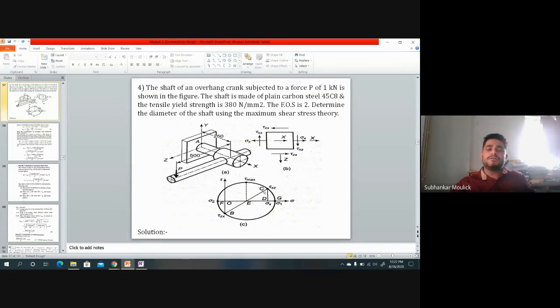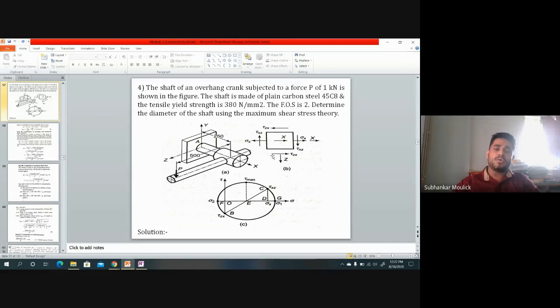Similarly, in the z direction, there is no sigma, so 0 comma tau zx. Tau xz and tau zx are both the same but in opposite directions. Tau zx is creating an anti-clockwise moment.